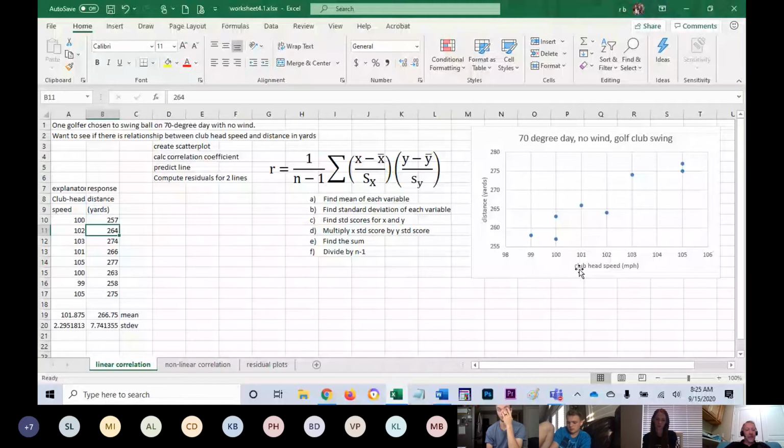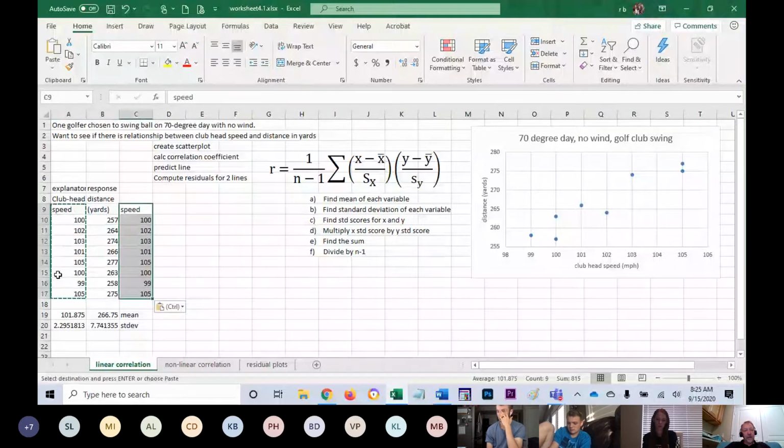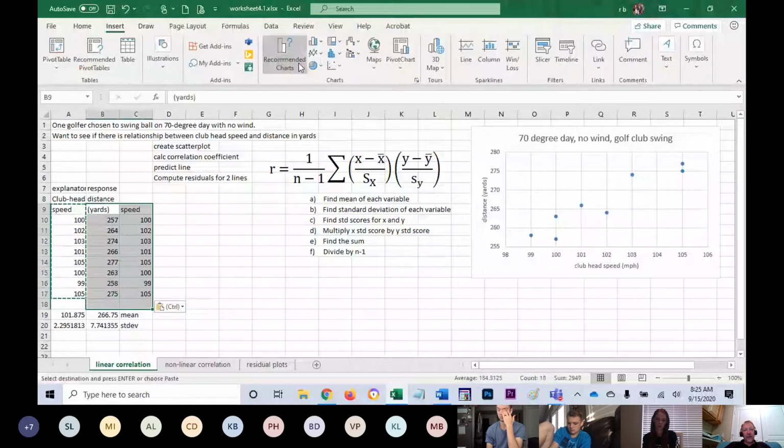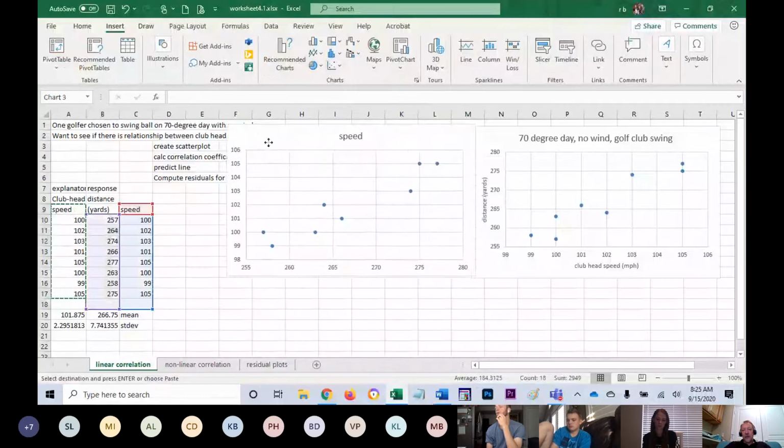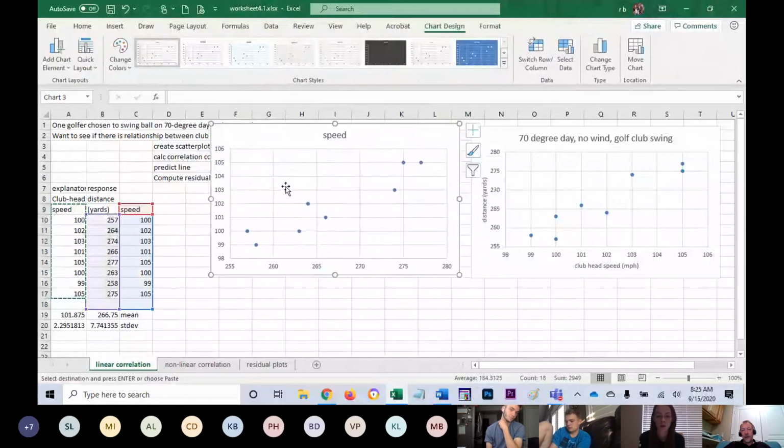In fact, just for fun, let me do something here. I'm going to copy this. I'm going to paste it here. I'm going to create a scatter plot really quickly. Insert scatter, boom. Oh, now that's interesting.